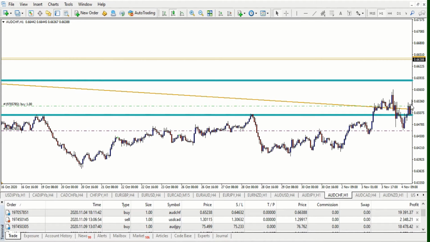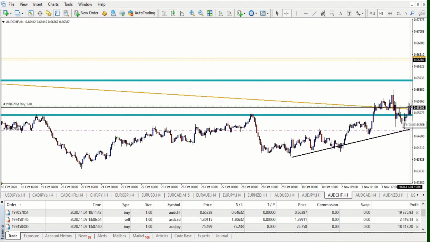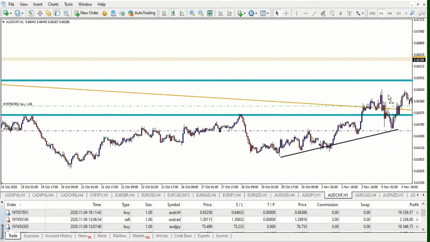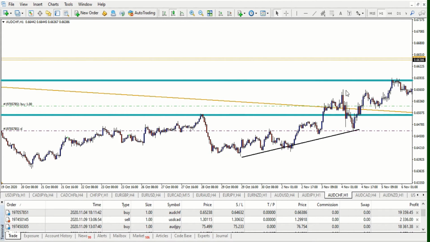So this was an indication for me that the market could have a bullish sentiment, and also I saw that we are now making higher highs and higher lows. We broke through this resistance, broke through the channel descending resistance, and the market was ready to make its way back up. So that was a good enough sign for me to take that buy trade right there for Aud CHF.